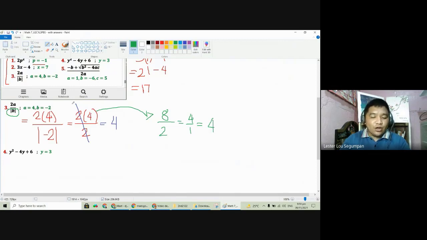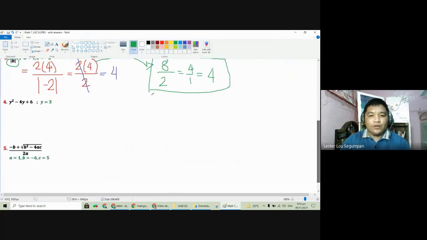Nevertheless, with the use of the cancellation law for multiplication, or this method here, they yield the same result of 4. But what made this possible? The process of substitution. And then make sure that you can always be guided by whatever operations you have learned in the previous grading. Let's continue with number 4.